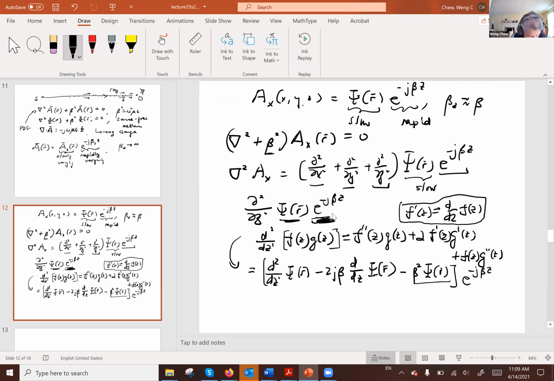Okay, so if I put this back into this equation, where I have replaced this with that, then this beta square term will cancel that term, and I can keep the partial square, partial x square, partial y square term, and finally I arrive at a simplified equation.